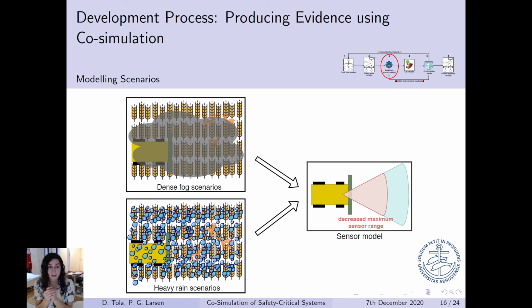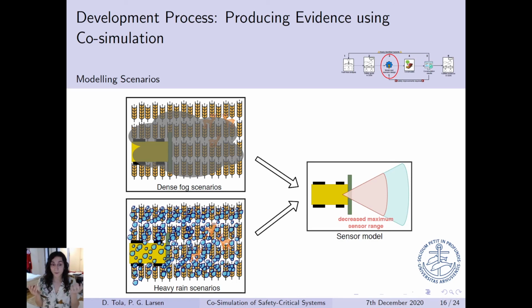So what we looked at is how we can model these scenarios of, for example, dense fog and heavy rain. We read articles where other researchers have tested LiDARs and cameras in different dense fogs and different heavy rain scenarios, and they have described that the main effect is that the maximum viewing range of the sensor is decreased, and this is the same in both dense fog and heavy rain scenarios.